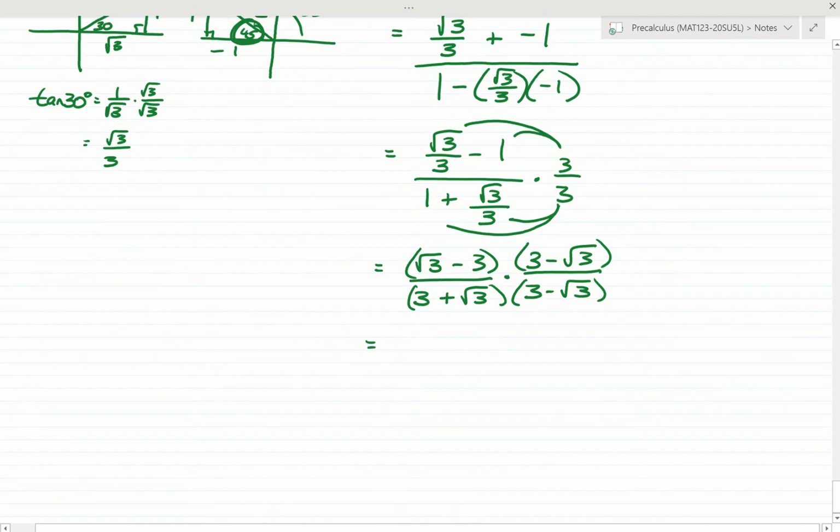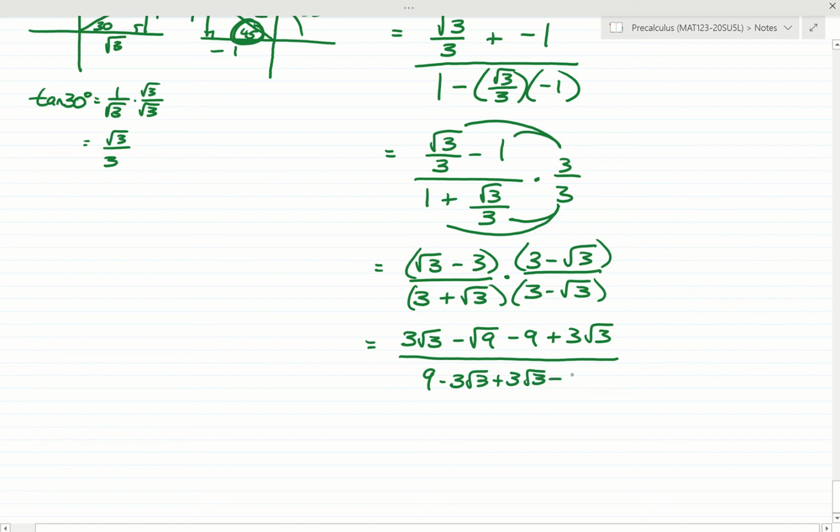And let's see what this is. So I'm going to distribute at the top 3 root 3 minus the square root of 9 minus 9 plus 3 root 3. And in our denominator, we get 9 minus 3 root 3 plus 3 root 3 minus the square root of 9.